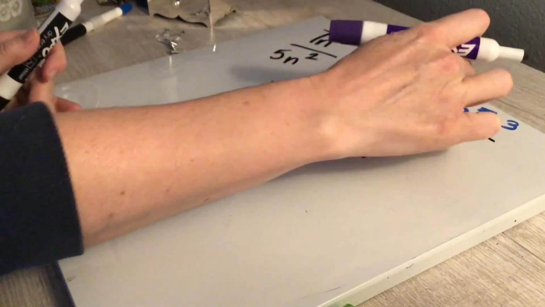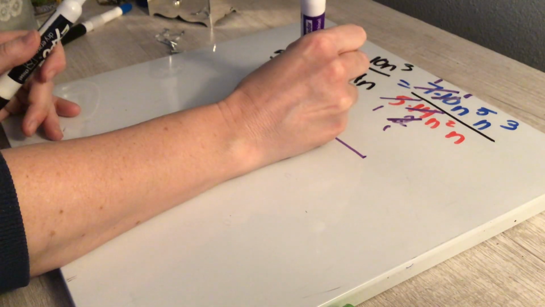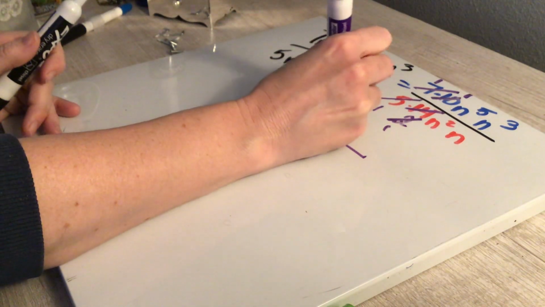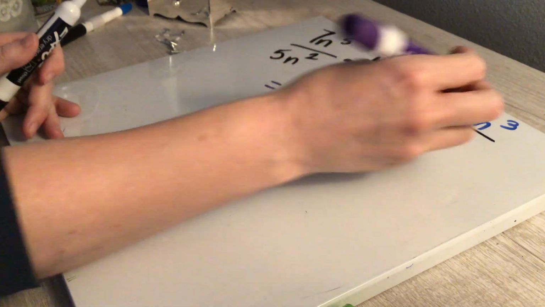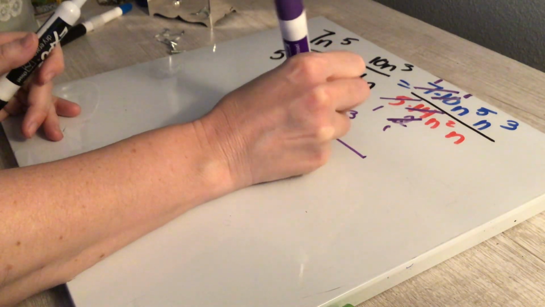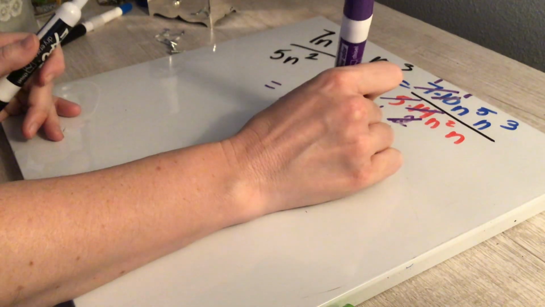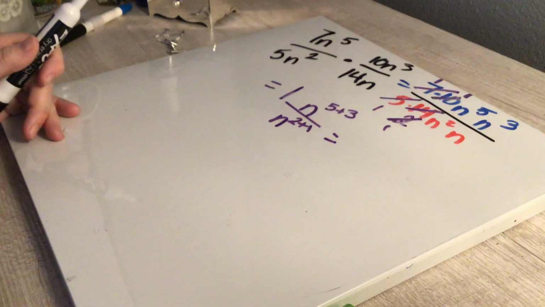So all the numbers simplify to just 1. Then all the n's, when you are multiplying like bases, we're going to add the exponents. So we get n to the 5 plus 3. And then the denominator, this is a n squared and an n, so we'd get n to the 2 plus 1. Okay, so simplifying, that's 1, so we don't need to write the 1.